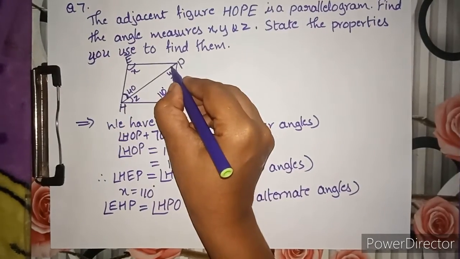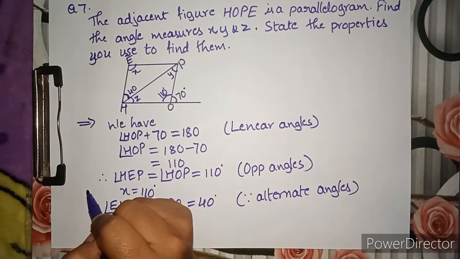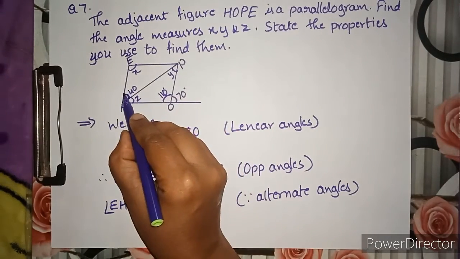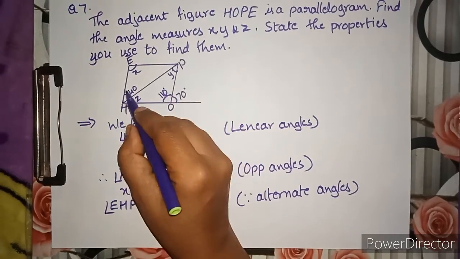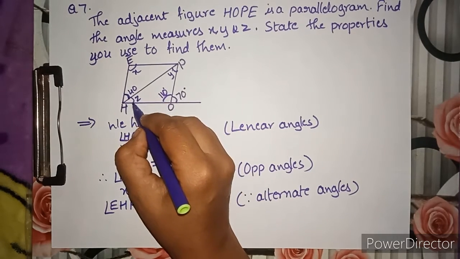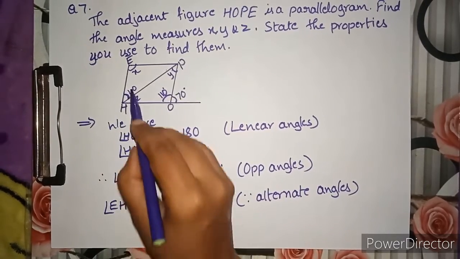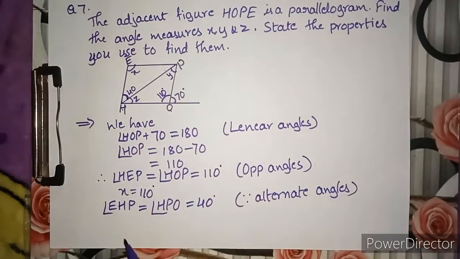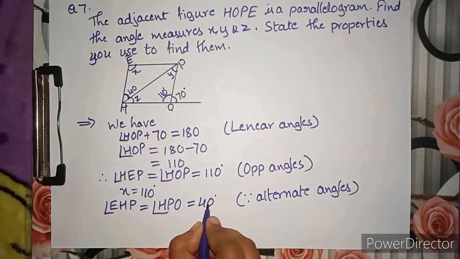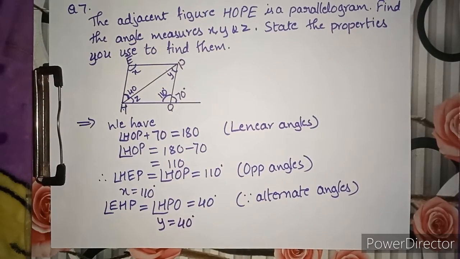As it is 40, this one also becomes 40. EP and HO are parallel lines. Okay, when we draw a diagonal, we will get these alternate angles. This angle is alternate to this angle and this angle is alternate to this angle. Okay, I hope you all understood. So angle HPO becomes 40 degrees, which means y is equal to 40 degrees.